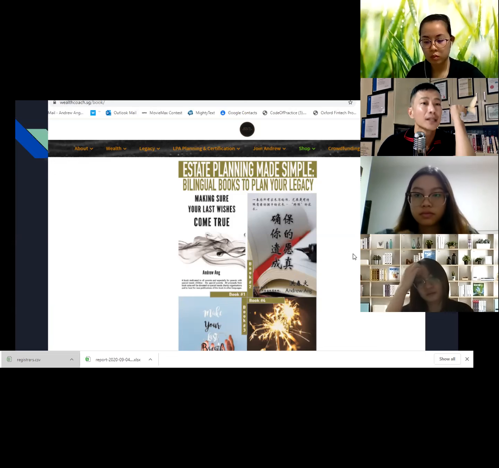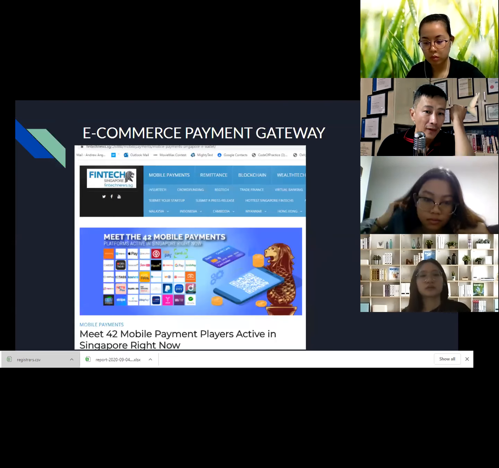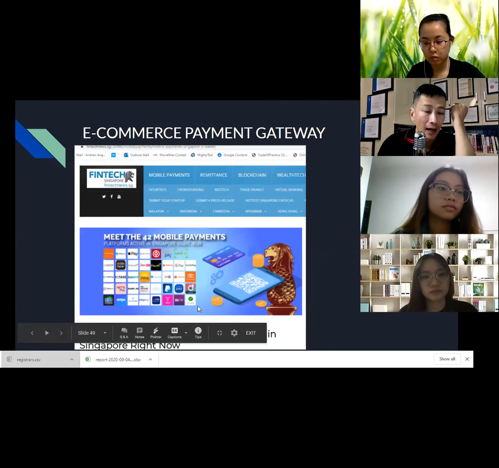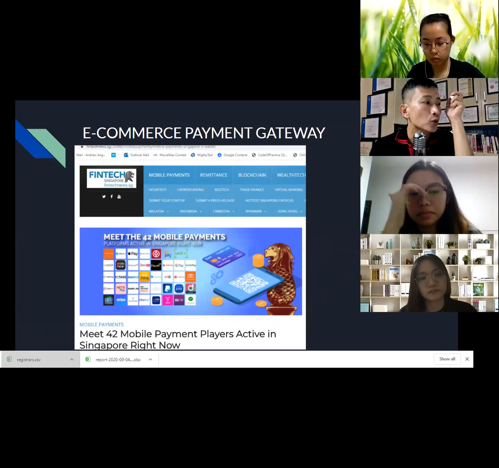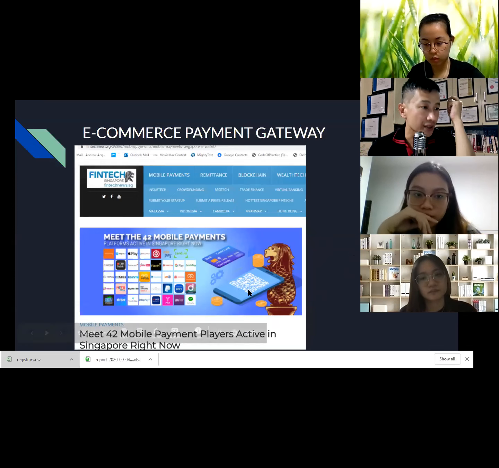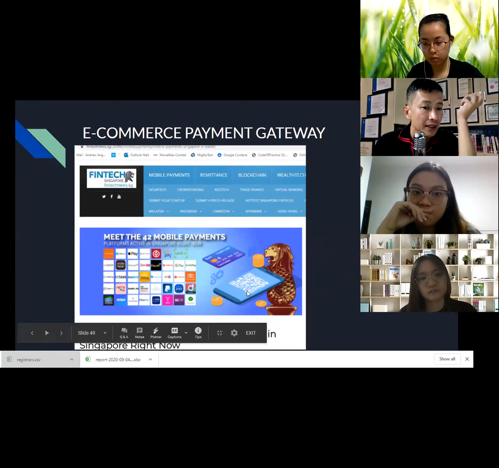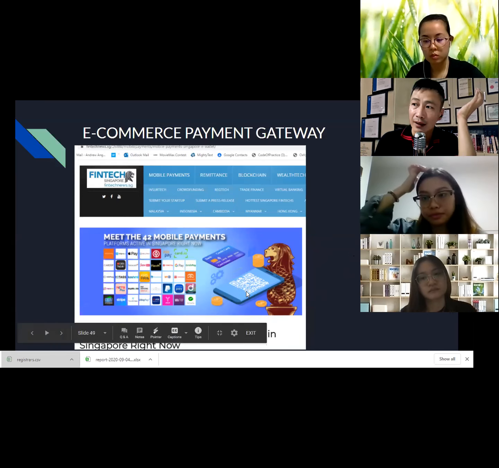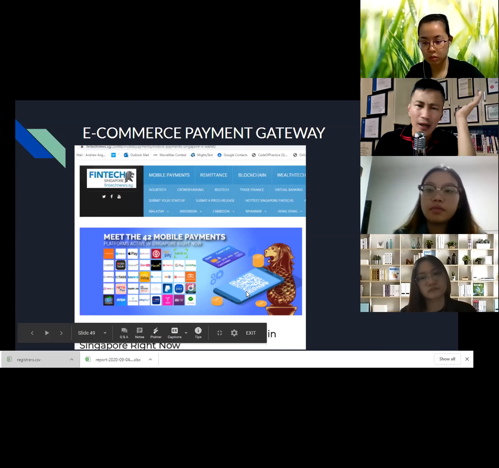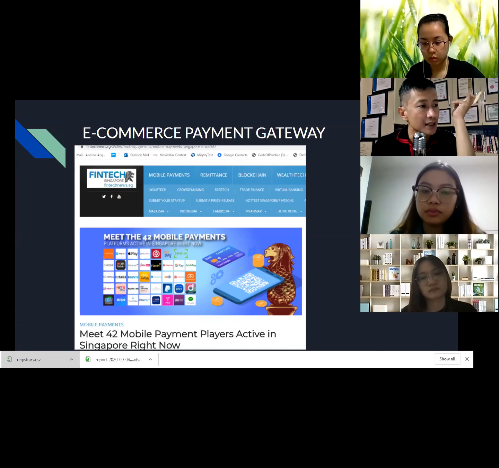Then payment gateway. There are a lot of payment gateways, and usually when you are looking at them, you ask who is the cheapest and who charges the most. Typically, they charge 6%. If you are using PayPal, they charge 6%. If you are using a company called Stripe, they also charge quite around 6%.